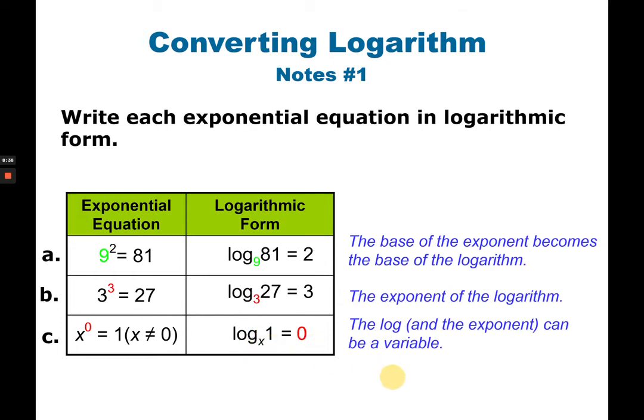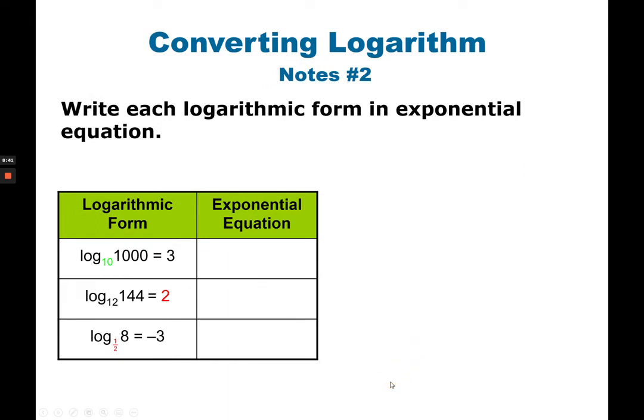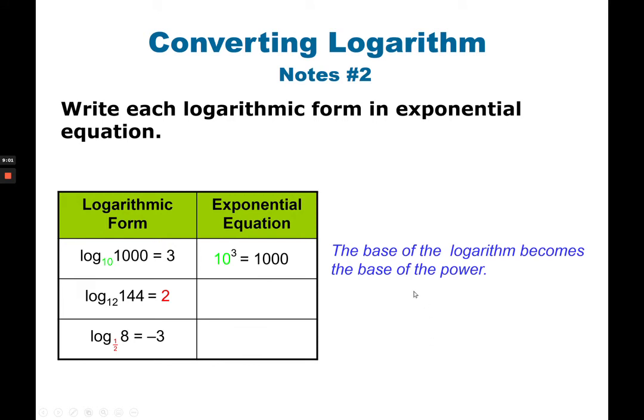Okay, let's have some more. This time it's logarithmic and we're going to write it in exponential form. So logarithm base 10 of 1000 equals 3 is written as 10 cubed is equal to 1000. The base of the logarithm becomes the base of the power.